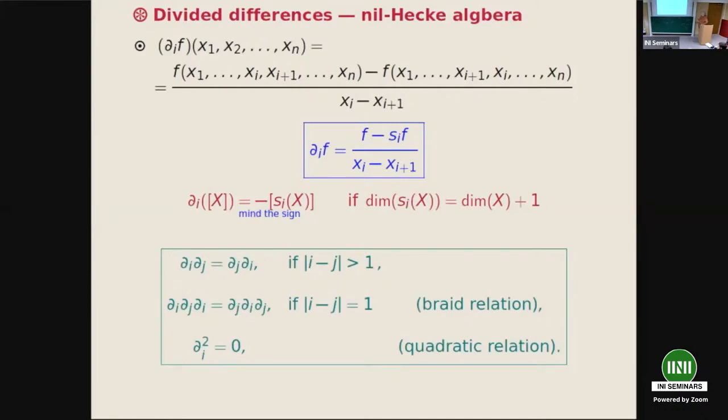Okay, and here algebra appears. These divided difference operators commute if the indices are distant and satisfy the braid relation. But this is not a representation of the symmetric group, since the square is equal to 0. It's called, I think, the nil-Hecke algebra or some version.